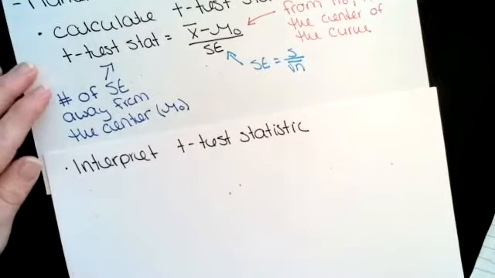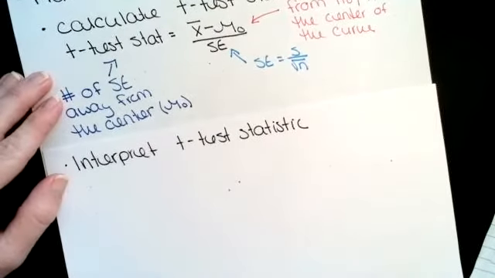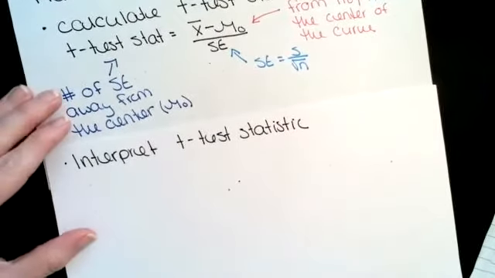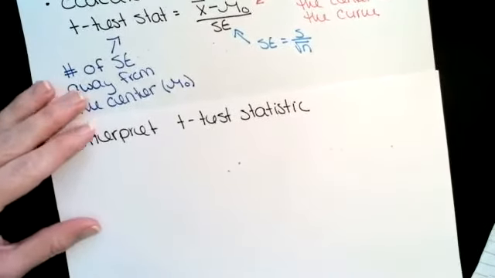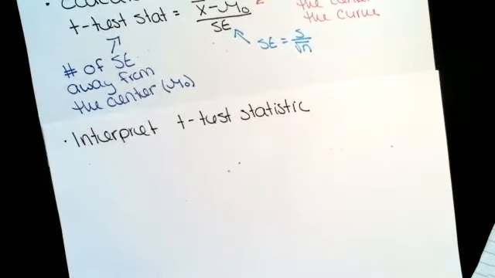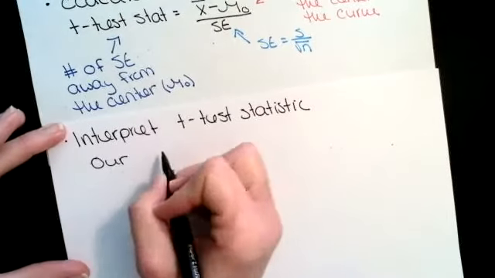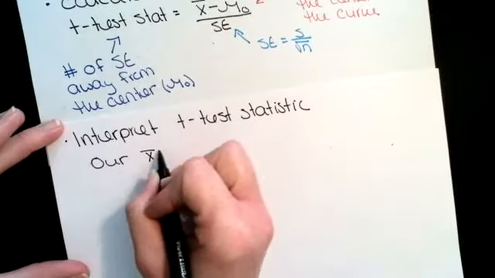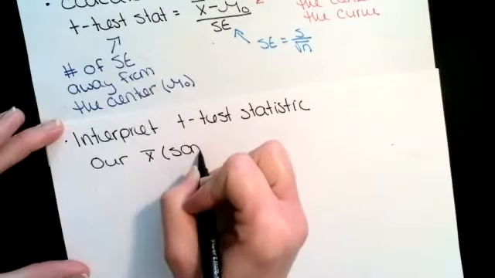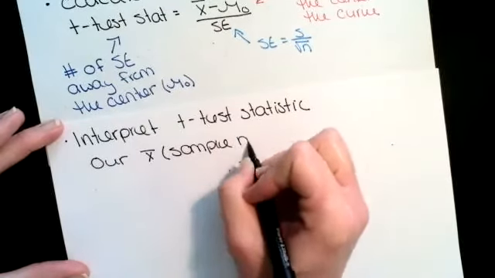So I'm going to give you a template. You may use the template. You may rewrite it in a different way if you want. But just so you know, when we interpret these numbers, just putting them into words, you can use the template I give you. So I'm going to say our X bar, or if you want to say our sample mean, that'd be good too.